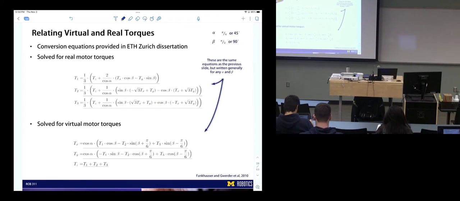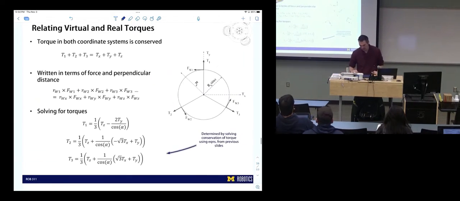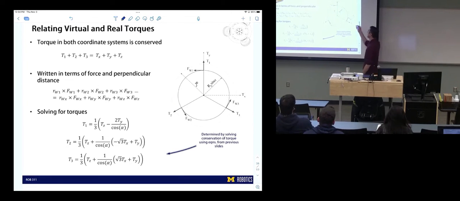Okay, beta. If we go back to this picture, something has to orient T1, T2, and T3 with the X and Y axes. There needs to be some orientation. We have to make a decision there. We decided to align motor 1 with the y-axis.